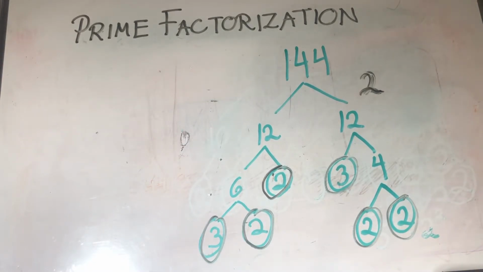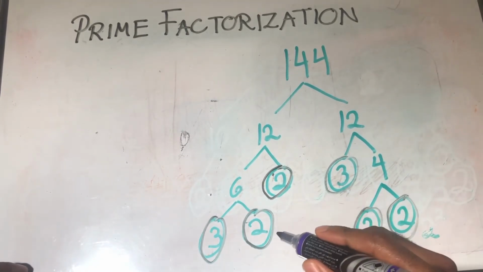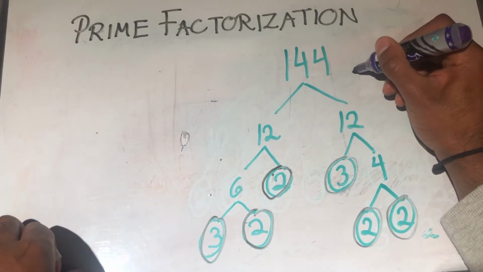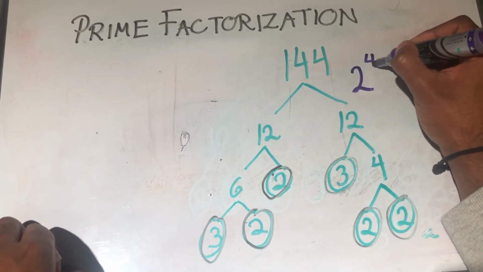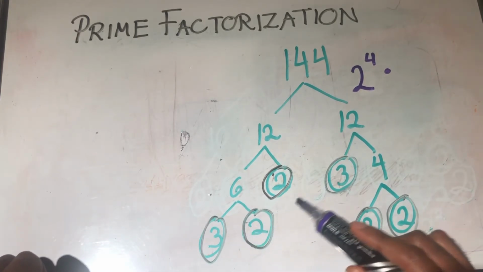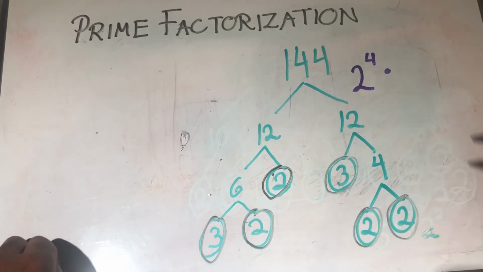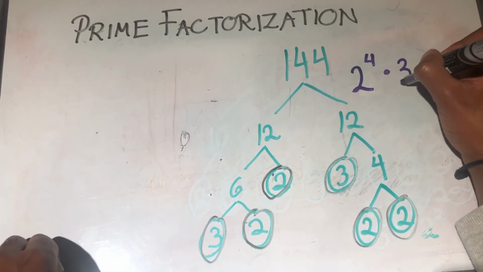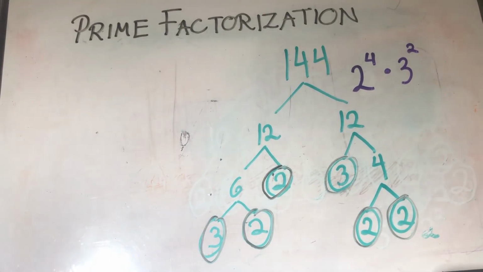Since we have 1, 2, 3, 4 2's, we can write 2 to the power of 4 times, we have 1, 2 3's, 3 squared.